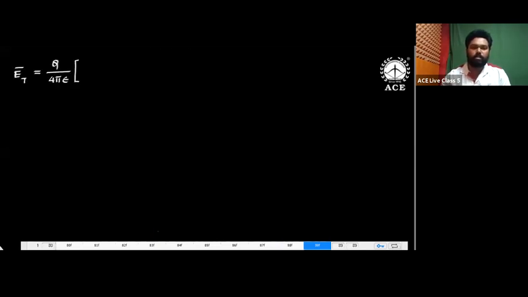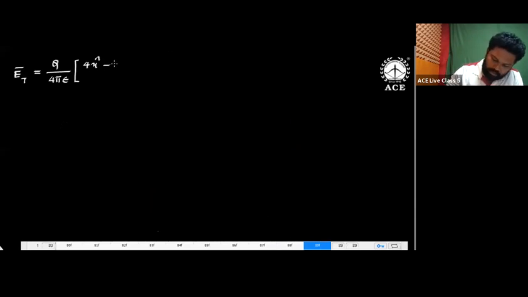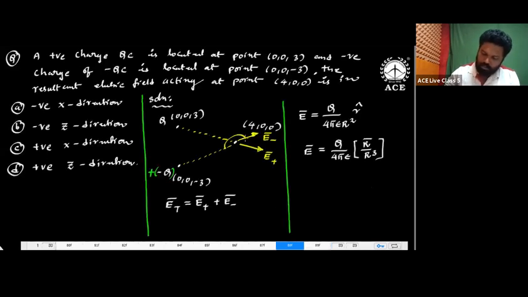It is 4x cap, 0 minus 0, here it is minus 3z cap, divided by square root of 16 plus 9 whole cube, plus, considering the charge along with the negative sign, Q by 4 pi epsilon, this point minus this point.